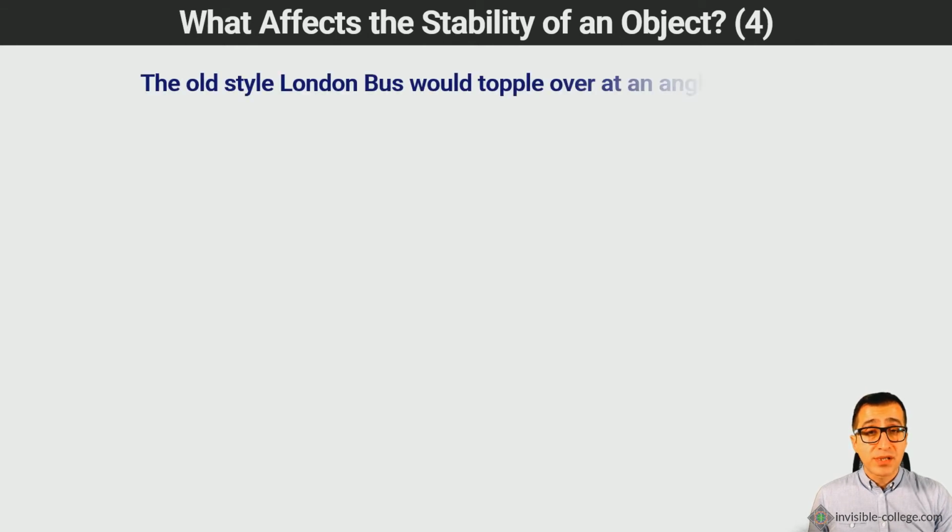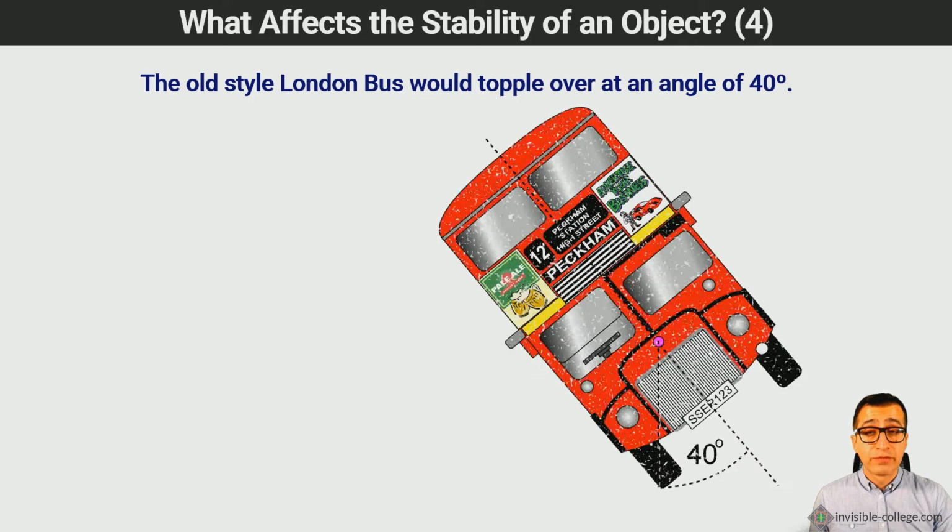The old style London buses would actually topple over if they reached an angle of 40 degrees. The center of mass of the object is located somewhere here, because most of the metallic parts of the bus, the engine, the transmission, and so on, were further down, whereas the top of the bus is made from relatively lighter materials and there's less metal in it. So most of the mass is concentrated down here.